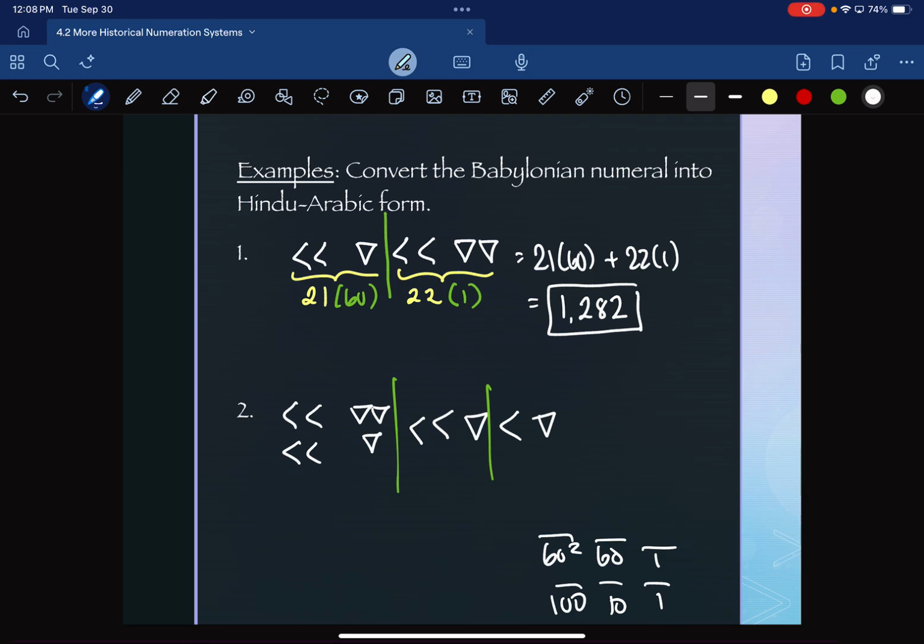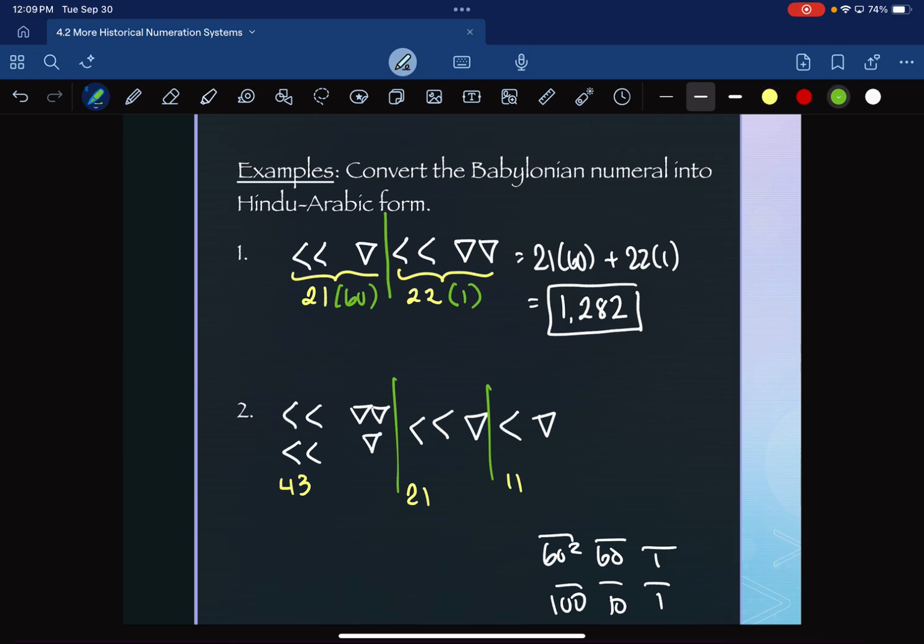Okay, 1,282. Let's count the next one. Before my vertical bar, this first piece, how much is this one? 43. So I have 43. How about in between my vertical bars? 21. And then after the vertical bar, that one's 11.